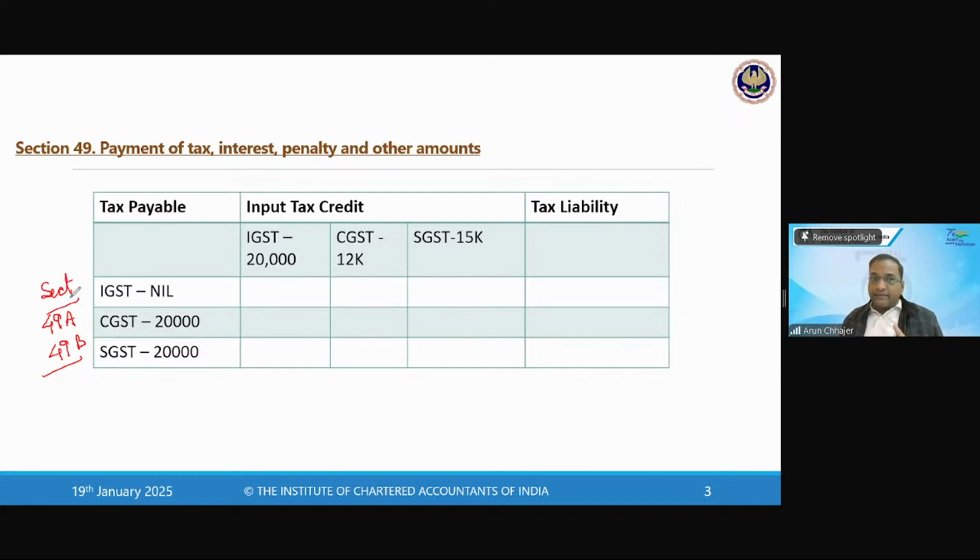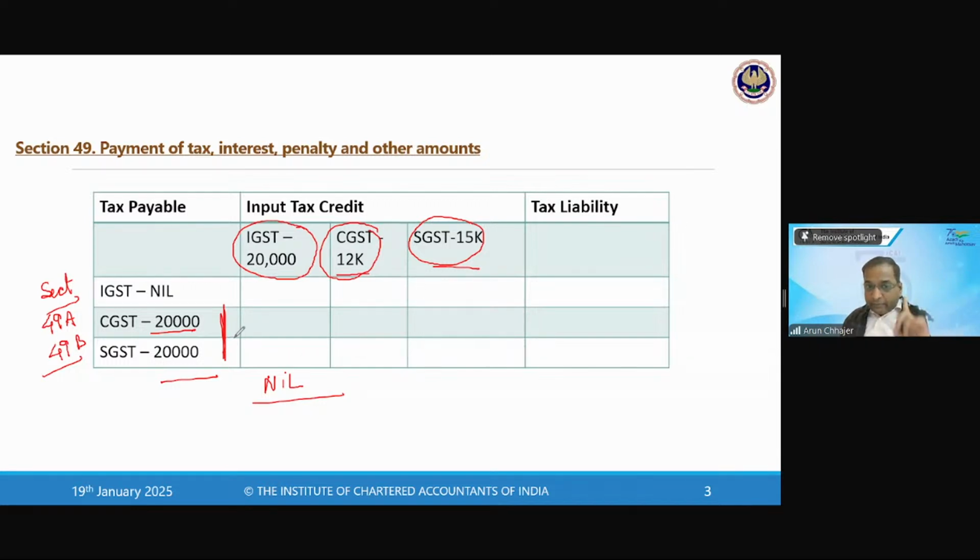They are saying that ITC of C and ITC of S to be used for C and S only when IGST becomes 0. अब मतलब हुआ, जब तक आपके पास में IGST का क्रेडिट है, आप CGST की ITC को, SGST की ITC को इनकी लाइबिलिटी के लिए यूज नहीं कर सकते.